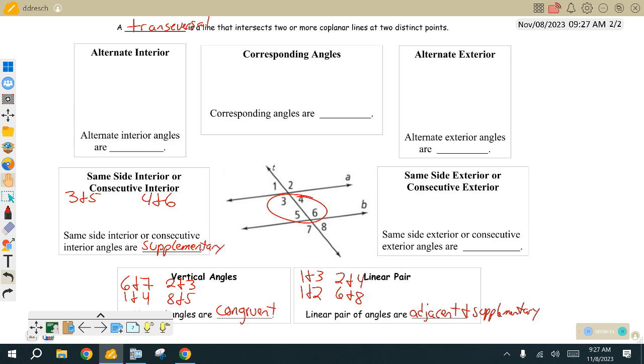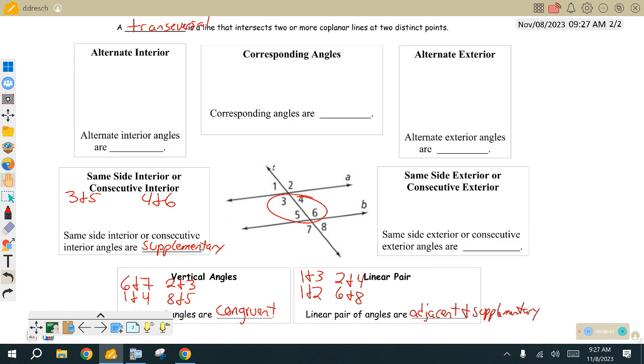The same side interior measures will always turn out to be supplementary. So if angle 3 turns out to maybe be like 100 degrees, then angle 5 will turn out to be 80. They will always be supplementary. Maybe angle 3 turns out to be 110, angle 5 is 70. They will always be in that relationship every single time.